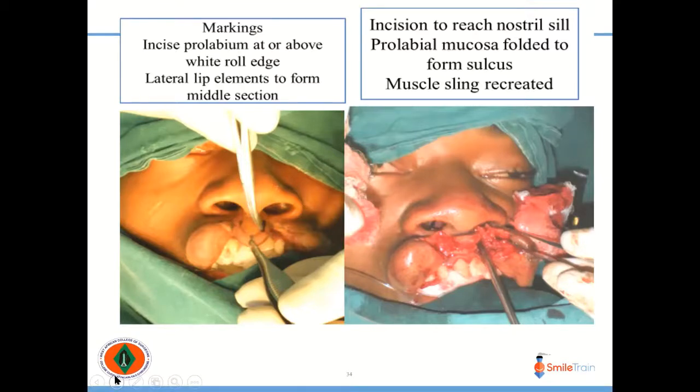It's going to help form the sulcus. Now, after this, you will get those together underneath the prolabium skin that is going to form the philtrum, and then close. Next one.